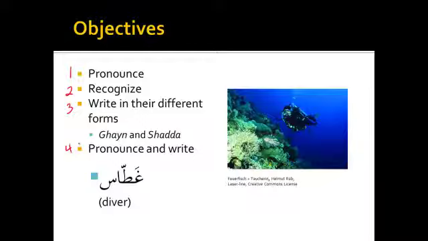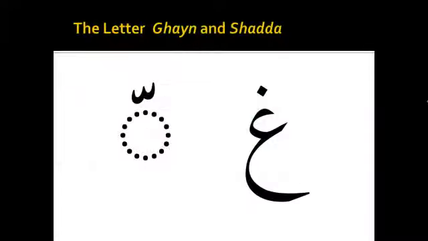Now let's look at the pronunciation of these two letters. So here on the right we have the Ghayn, and the Ghayn is a letter that doesn't have an equivalent letter in English, which corresponds to it in terms of its sound.